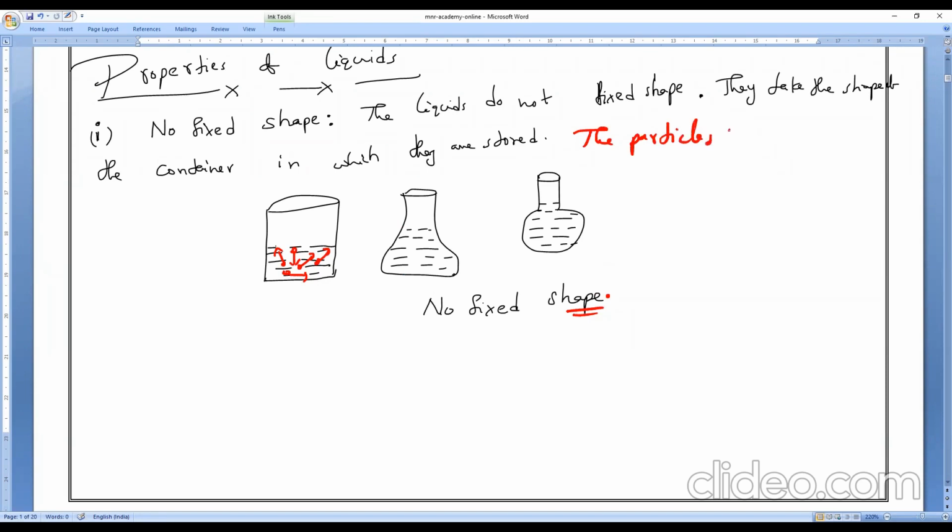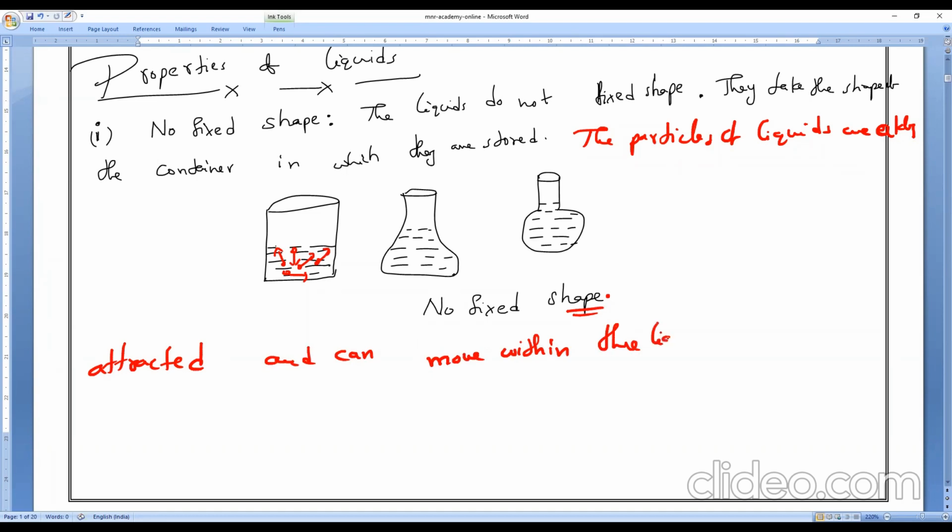The particles of liquids are weakly attracted and can move within the liquid in any direction.